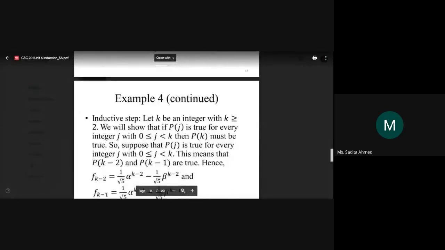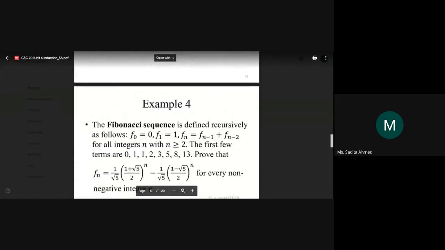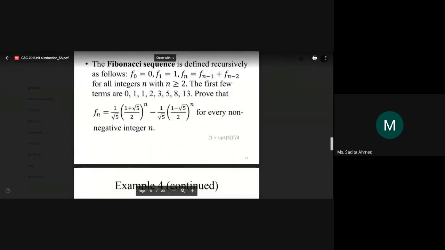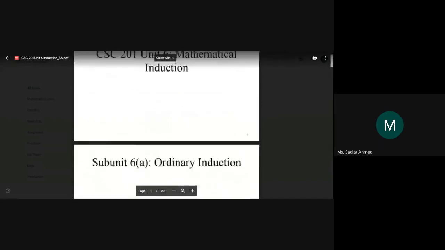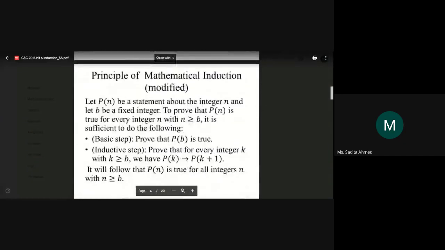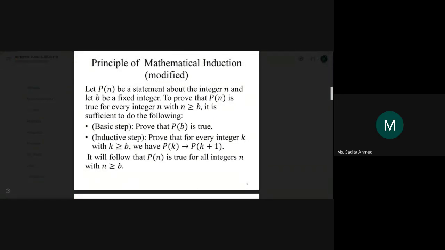Whenever we have to prove something where some part of the proof utilizes a range of values, like the Fibonacci sequence, more than one value preceding k. Remember, in the case of ordinary induction, in the inductive step, we assume that the statement is true for some one given integer, and from that we have to prove that it's true for the next integer.